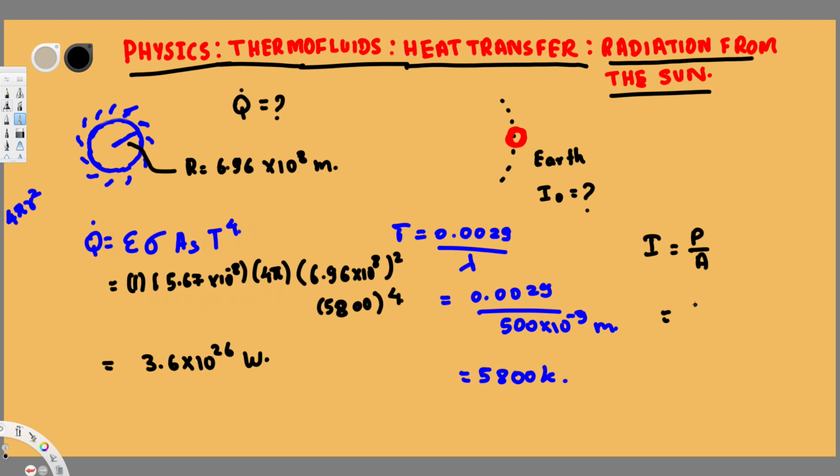P is going to be 3.6 times 10 to the power of 26 watts divided by the area, that is 4 pi r squared, and the distance from the sun to the earth is 149 billion meters, so this is going to be 149 times 10 to the power of 9 meters squared. If you calculate this, you should get 1290 watts per meter squared, and that's going to be the answer for this question. I hope it helps. See you next time.